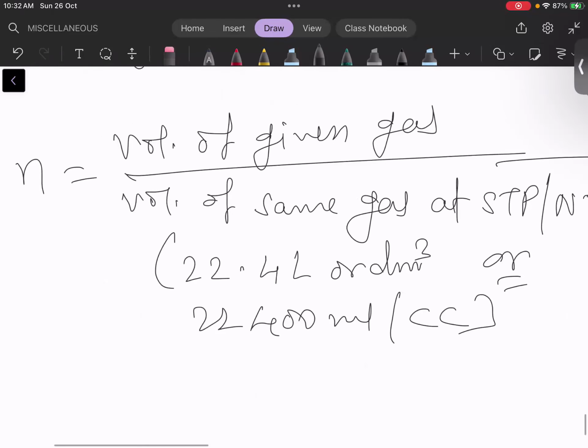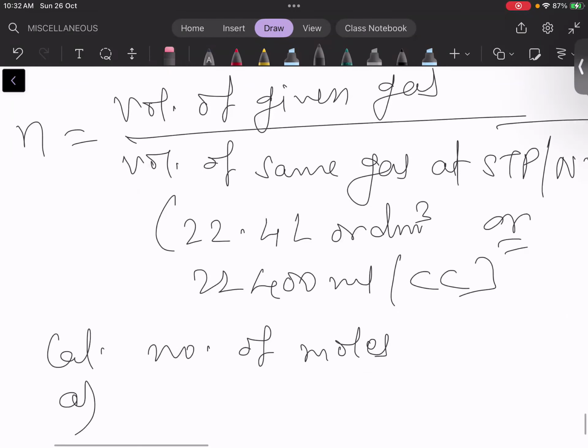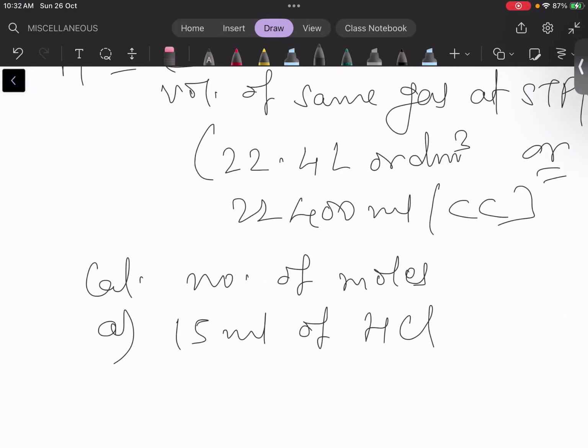ठीक है, कि जैसे कि आपको number of moles, can you calculate number of moles in 15 ml of HCl? करो कैलकुलेट फटाक से.